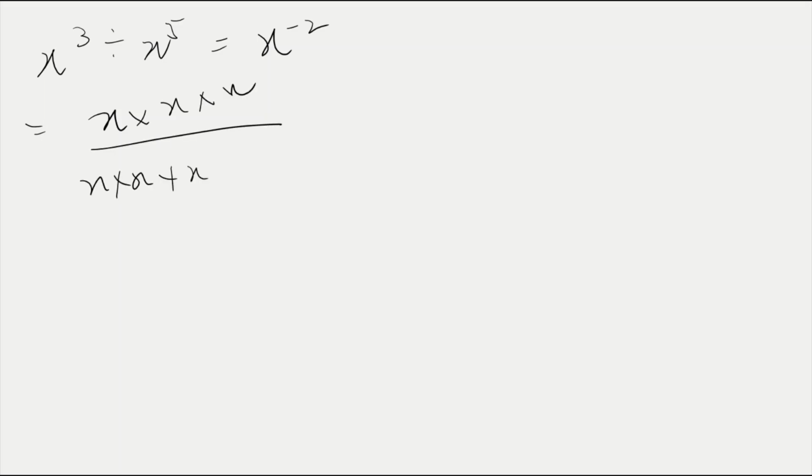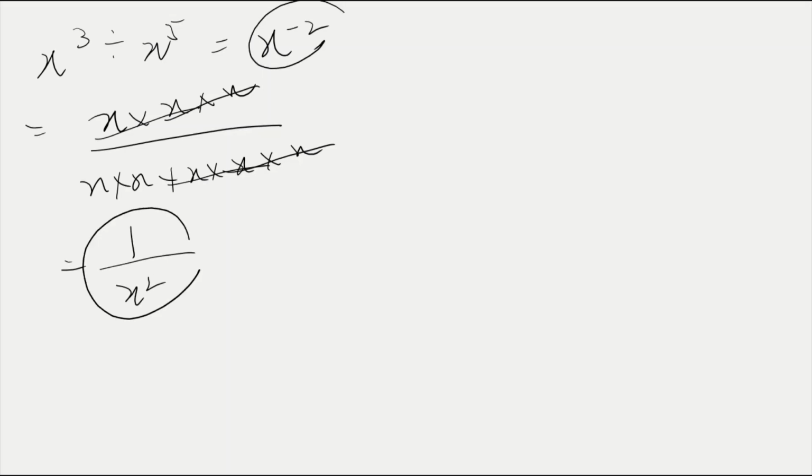One more, negative indices. When you have x cubed divided by x to the power of 5, based on what we learned earlier, you know that this is x to the power of negative 2. When you solve it slowly, it's x times x times x over x times x times x times x times x, which means one over x squared.